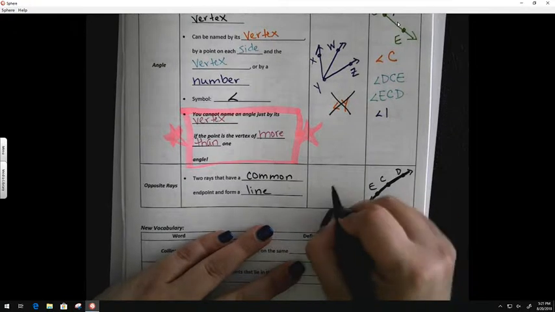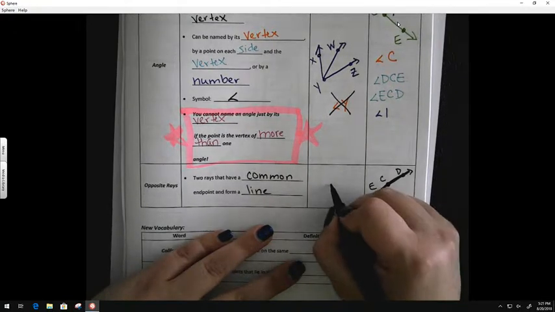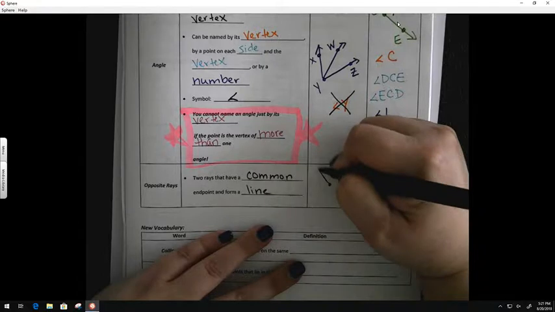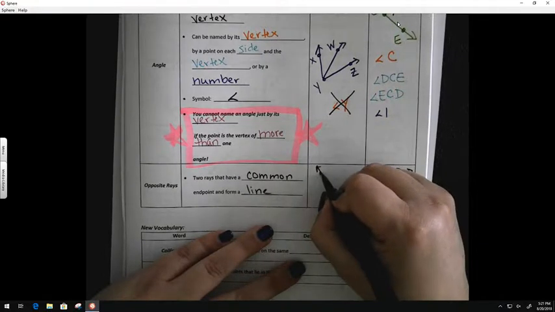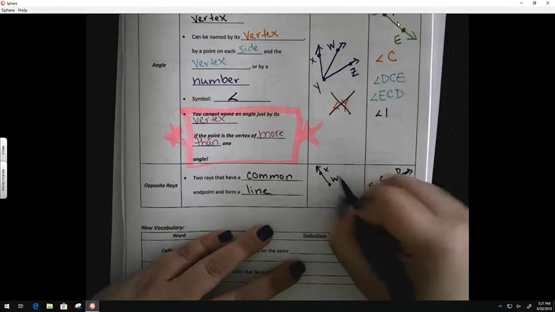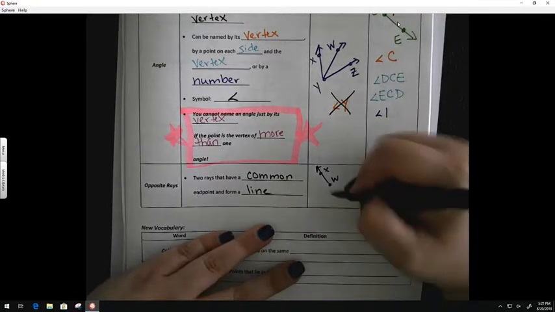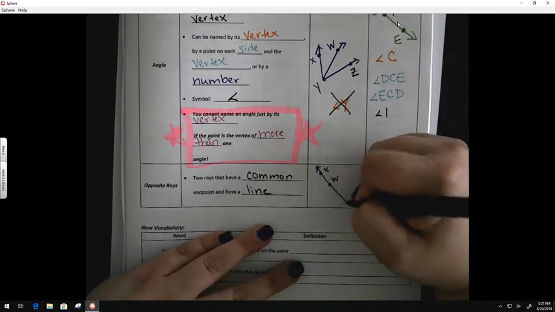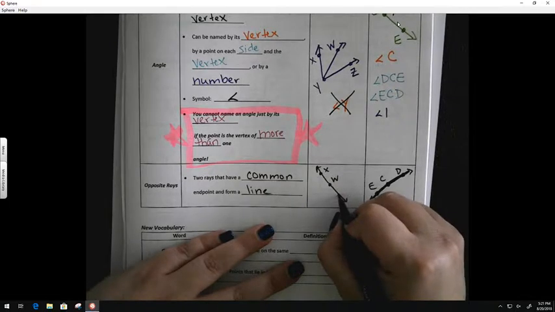I can do the same thing going a different direction. I can have this ray going right here, and I can say that's ray WX. And then going the exact opposite direction, I can have ray WY.